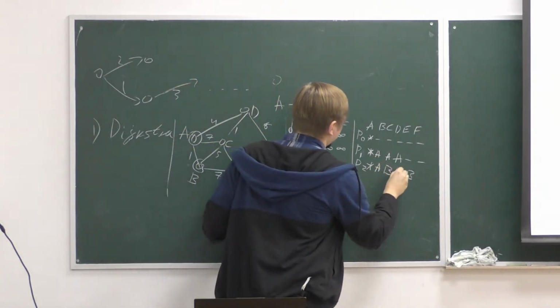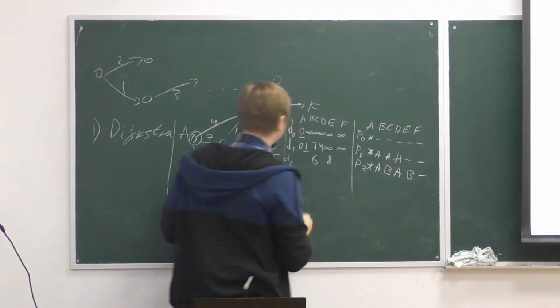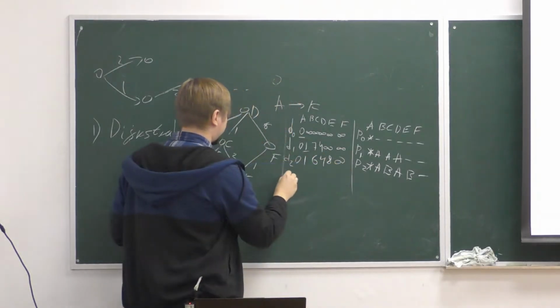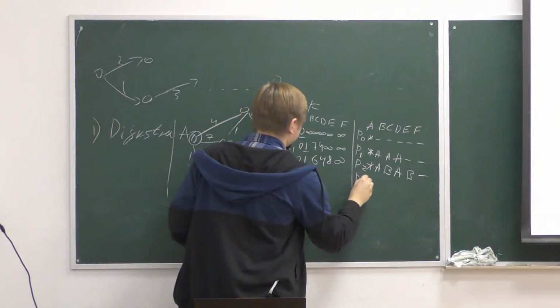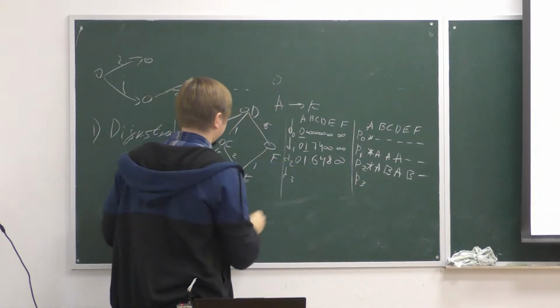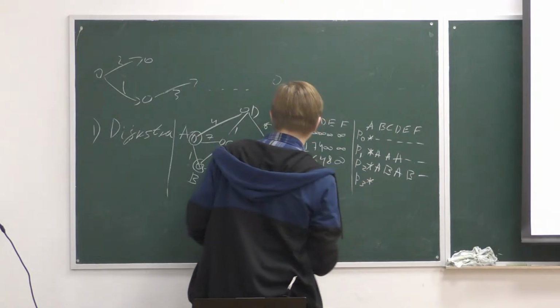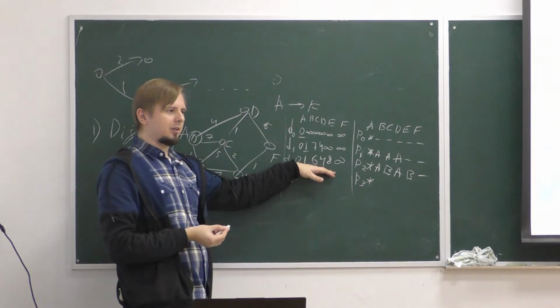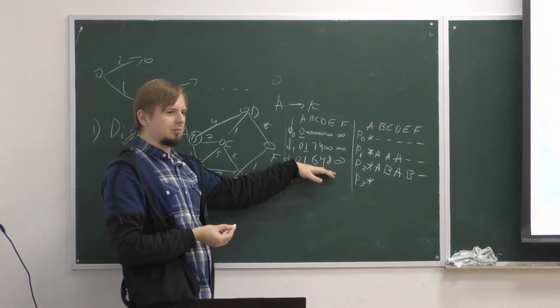So this will be the next step. This will be 0 each time. Let's find the number not visited yet, the smallest one.